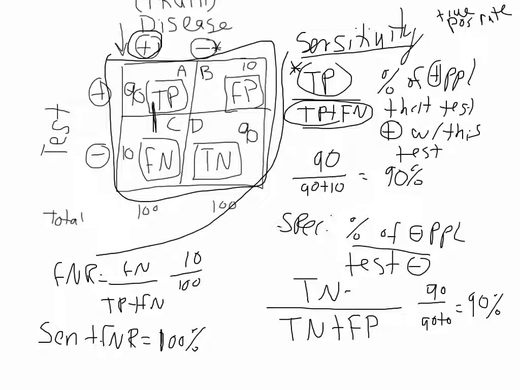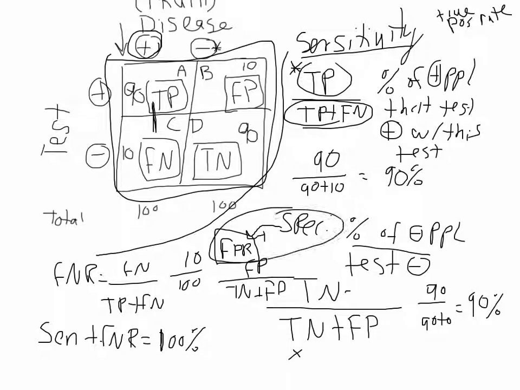The inverse of the specificity is called the false positive rate. And it's going to take on the same denominator, true negatives plus false positives, but instead it's going to have the false positives as the numerator. And again, false positive rate plus specificity is equal to 100%.